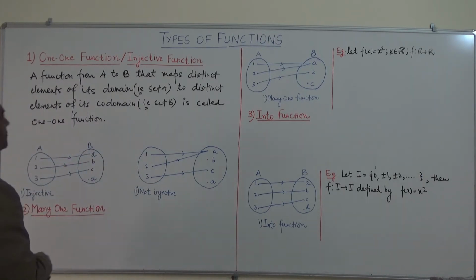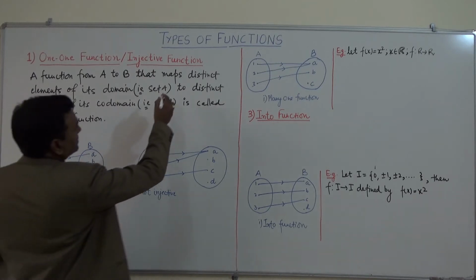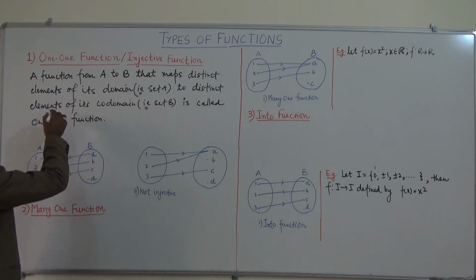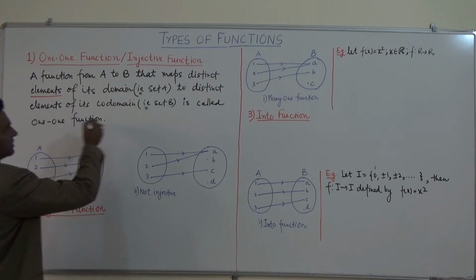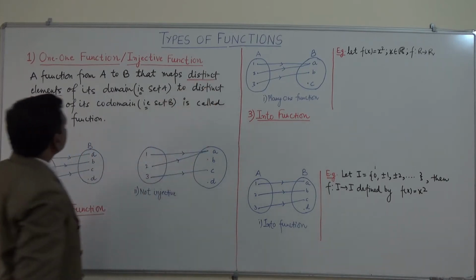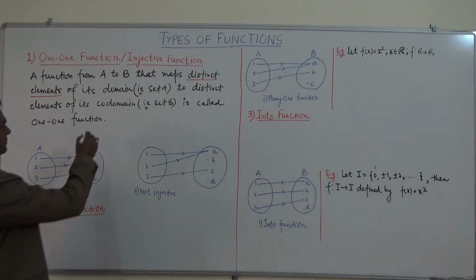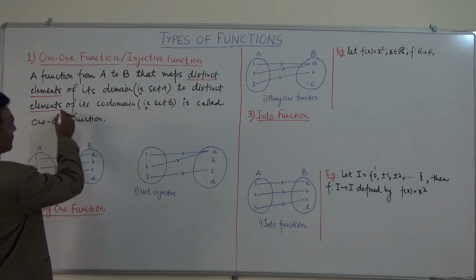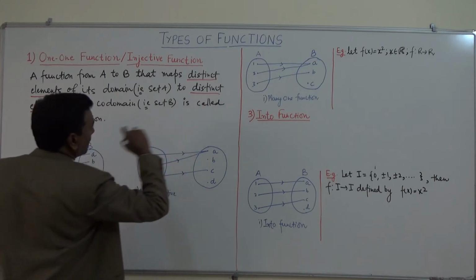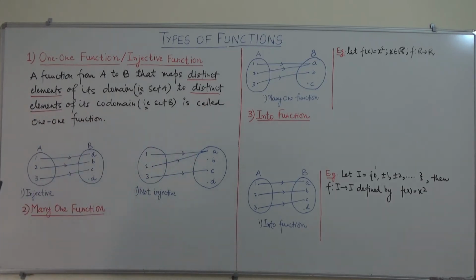So a function from A to B that maps distinct elements of its domain to distinct elements of its codomain is called a one-one function, or one-to-one function. Diagrammatically we can see it like this.